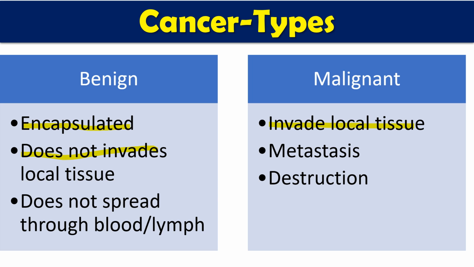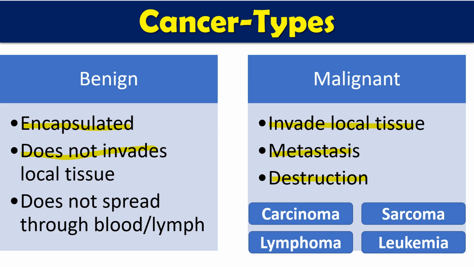They do not detach from the original place and are restricted to that one location. Whereas malignant tissue undergoes metastasis. Metastasis means it detaches from the original place and moves through the blood circulation to other parts of the body. So it spreads throughout the body parts. And malignant tumors are also destructive.